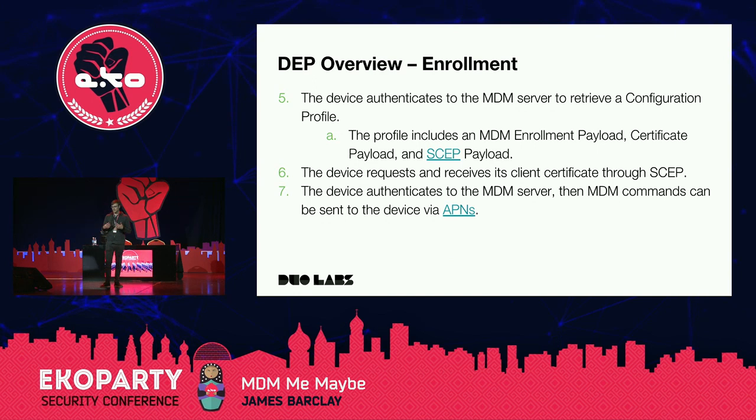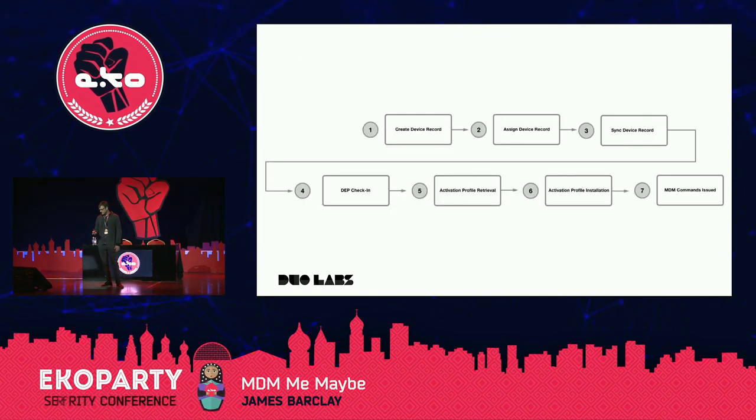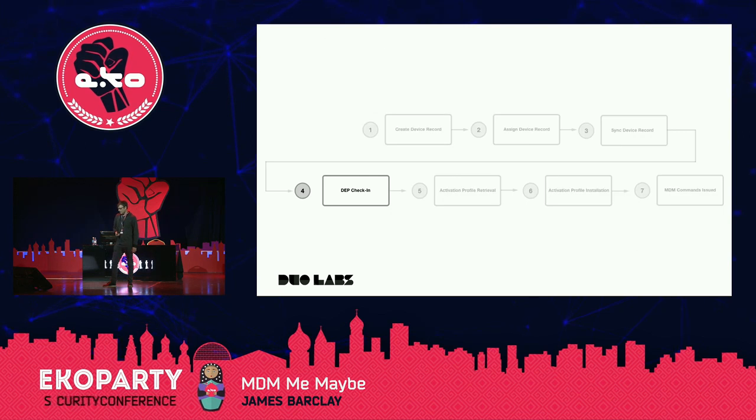The device will then request and retrieve a client certificate through SCEP, and then finally, it will authenticate to the MDM server and begin receiving commands. So here's just a more visual representation of that flow. This talk is focusing mostly on step 4, the DEP check-in process. So this is when the device is first involved in communicating with the DEP API.